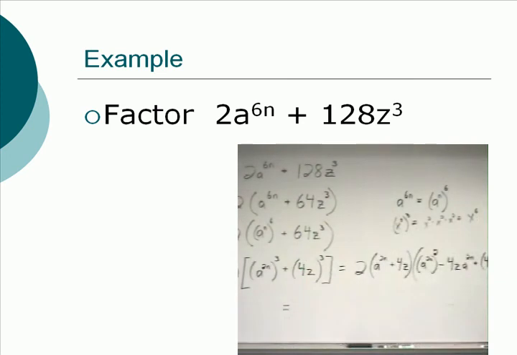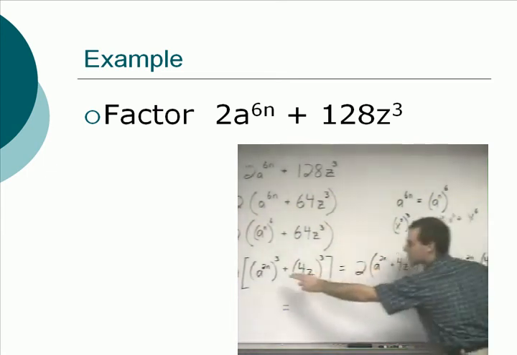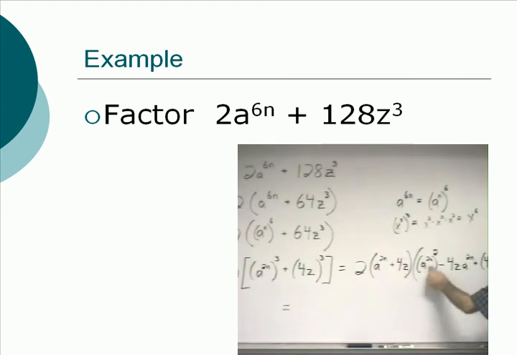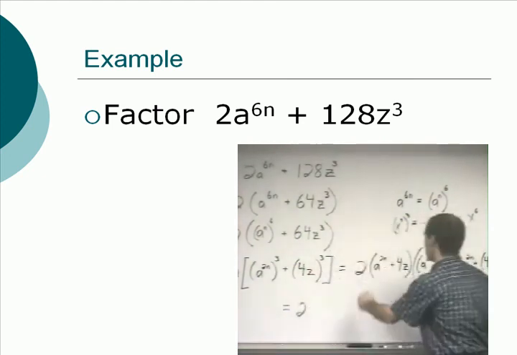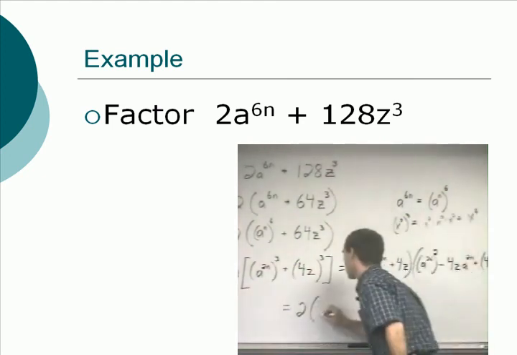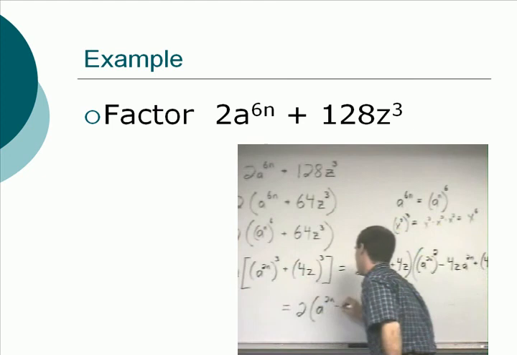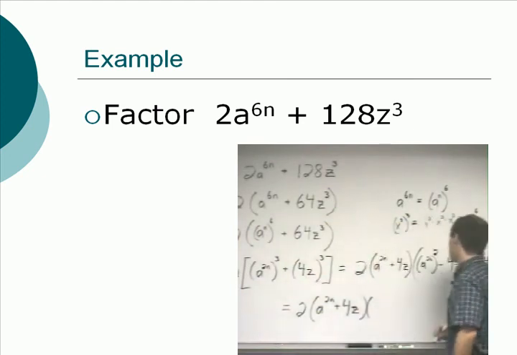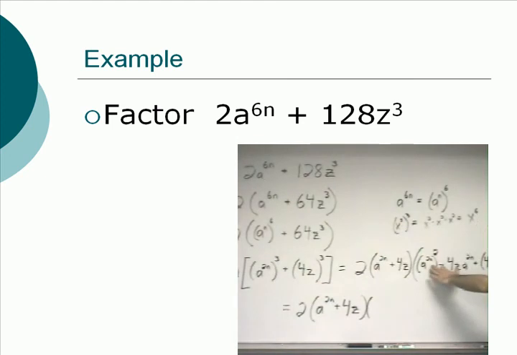Let's stop there for a minute before we just square these two out. Everybody see the structure okay? That's our first thing cubed, that's our second thing cubed, and there they are. Good? Okay, well then we've got 2 times a to the 2n plus 4z times, this becomes what?